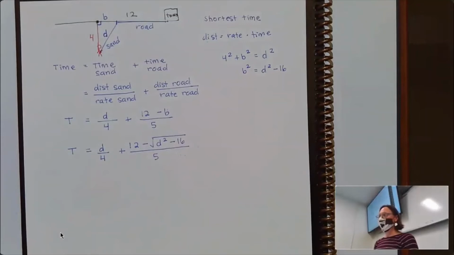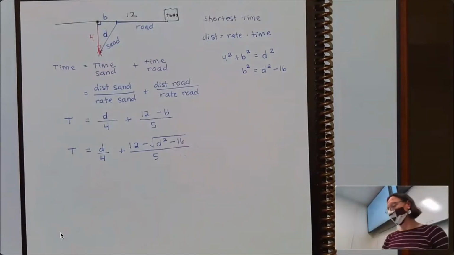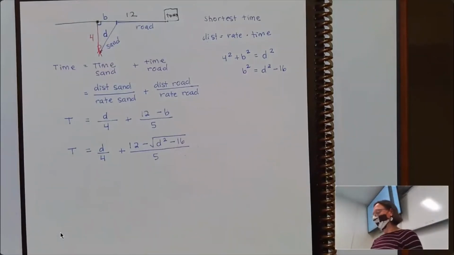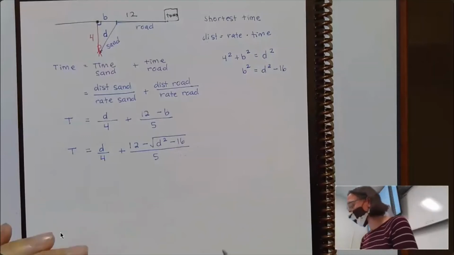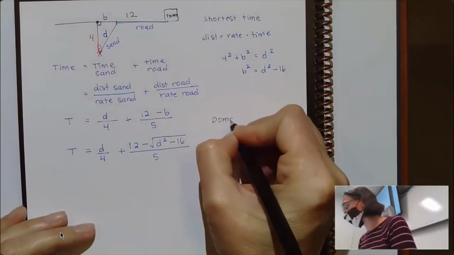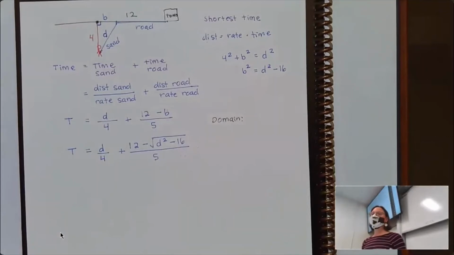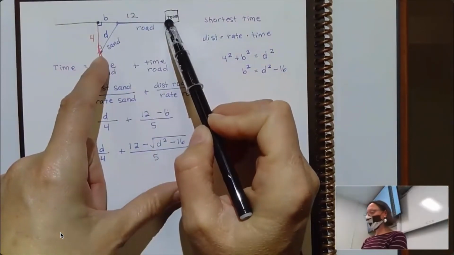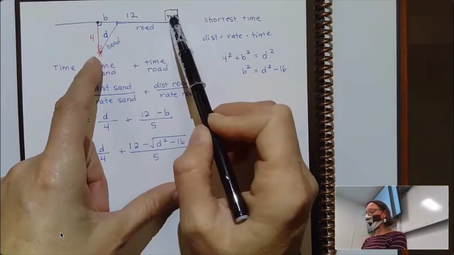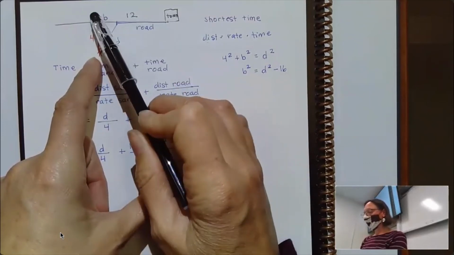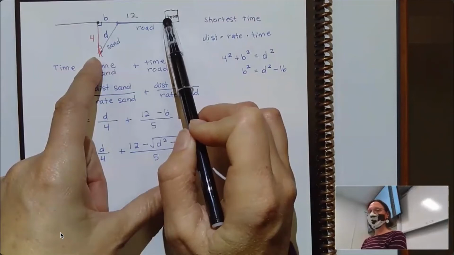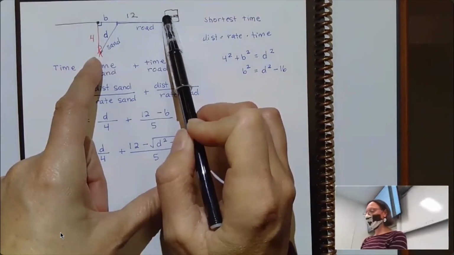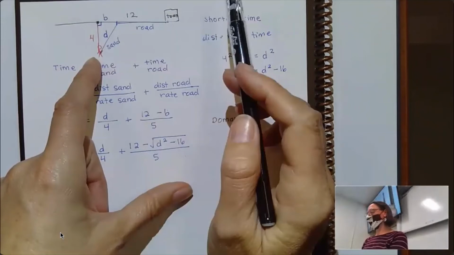Now I'm going to pause for just a second to say we do have real world constraints on D, right? So let's just name that in terms of our domain. I would say the two extremes here are either that I just walk straight across the sand, straight across that hypotenuse, or that I walk to that point and then across. And all the other paths are somewhere in between those two.